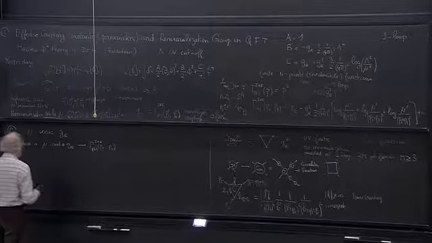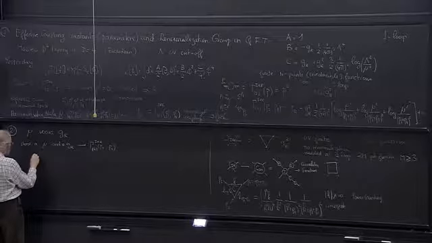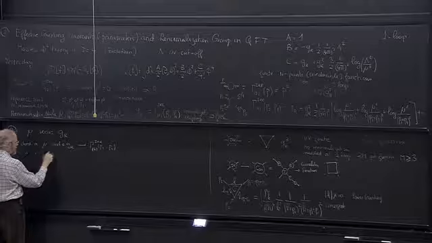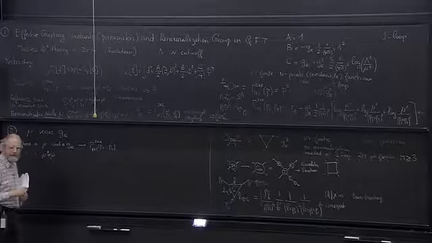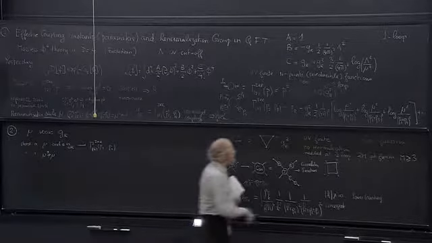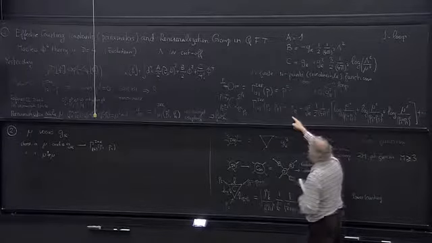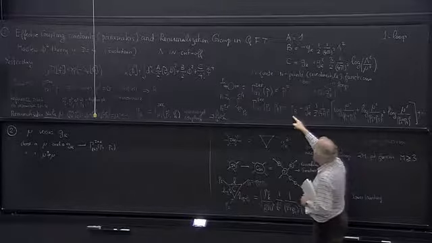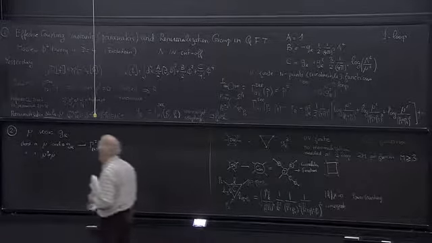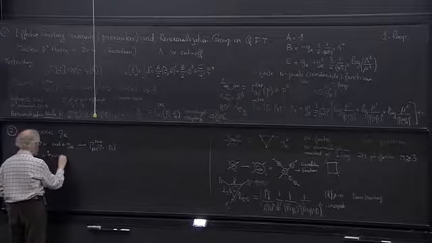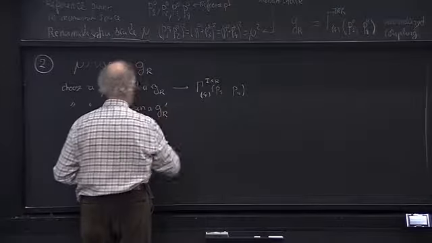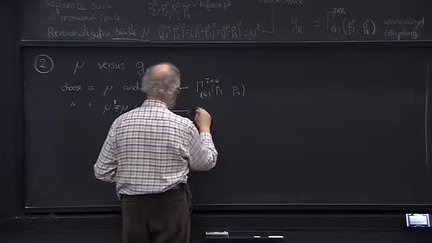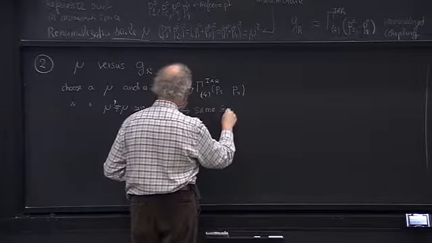But you may have chosen a different mu prime, different from mu. So of course, if you choose a mu prime which is different from mu, but consider the theory with GR with the same value as the first one, you get a different value. But in fact, you can adjust GR prime so that you get the same 4-point function.